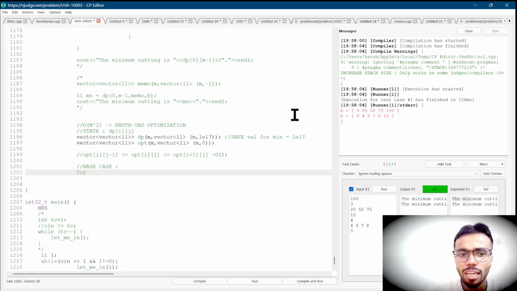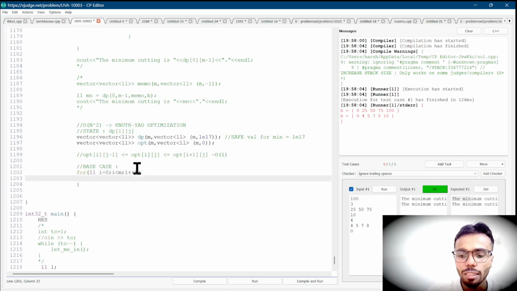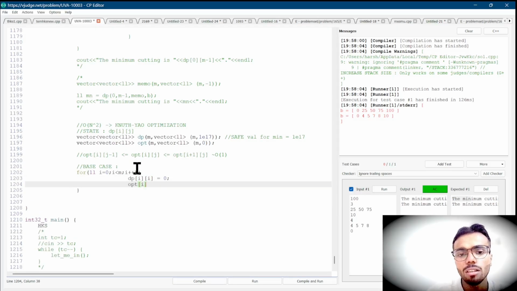So with a total of m elements, I initialize the base case for length 0 with cost 0, and the split search point is the element only.